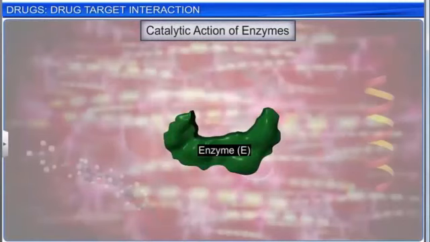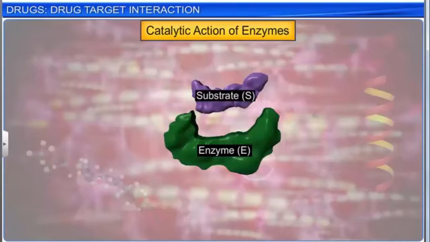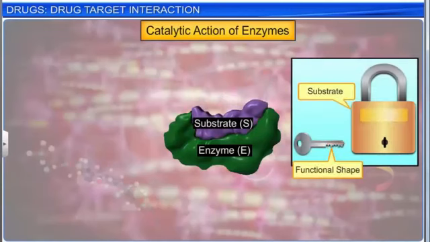Every enzyme has a pocket known as the active site or binding site, which enables reacting molecules to bind to it. The reacting molecules are known as substrates. A substrate molecule has a shape complementary to that of the active site of an enzyme and fits into it just like a key fits into a lock.